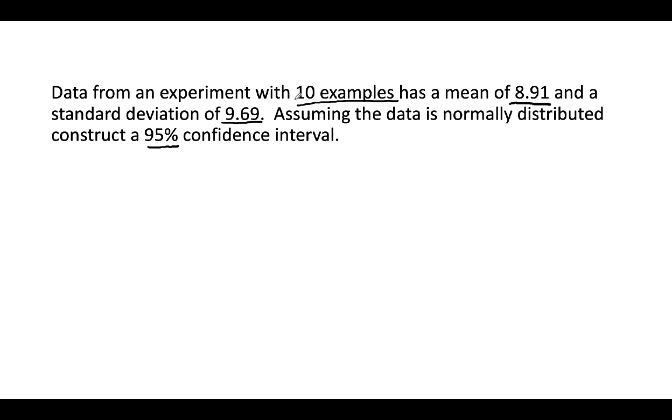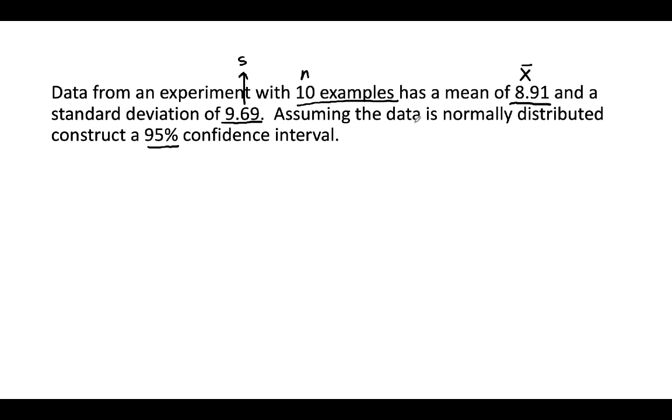The key thing about that is that there's only 10 measurements, so we don't have a large enough sample size. We have its mean, the sample mean x bar, and n is 10, and we have the standard deviation of the sample, s.